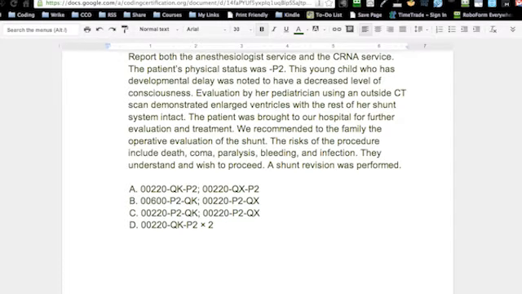What you need to know is which of those middle modifiers, the QK, QX, and everything, is the proper one to use. Now, the P modifiers have to do with the condition of the patient. If the patient's relatively healthy, it's a P1. If they've got some conditions, they're a P2.